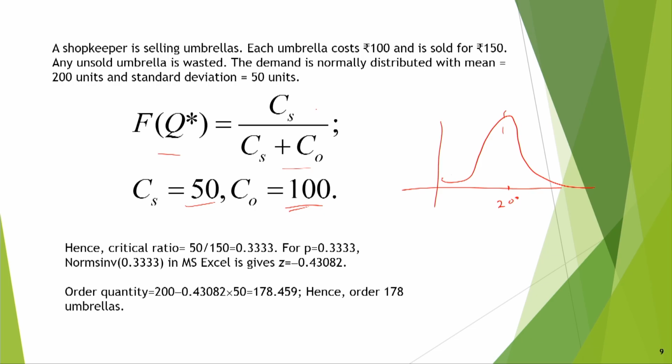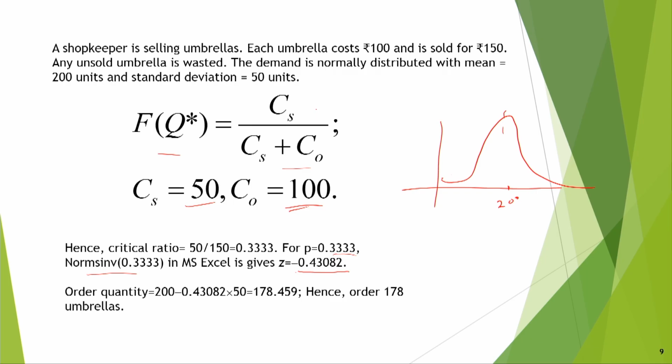Therefore, we can find Cs by Cs plus Co, which is also called the critical ratio, and this becomes 50 divided by 150, which is 0.333. So the probability should be 0.333. Corresponding to that, we can find Z in an Excel sheet: NORM.S.INV of 0.33 gives Z equal to minus 0.43082.